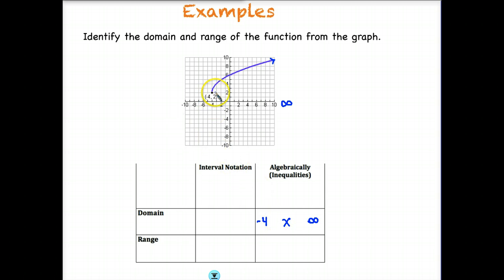Since we have a closed circle here at -4, we know that we include that, so we have a greater than or equal to, and then a less than sign that goes with our infinity. Writing this in interval notation, we range between -4 and +infinity, and we have to make sure to put a bracket around the -4 due to the closed circle.